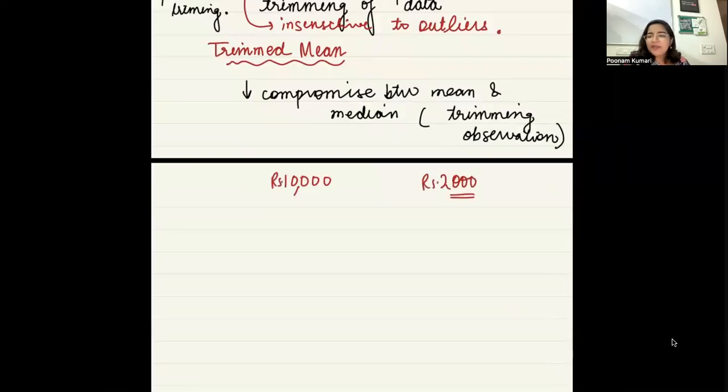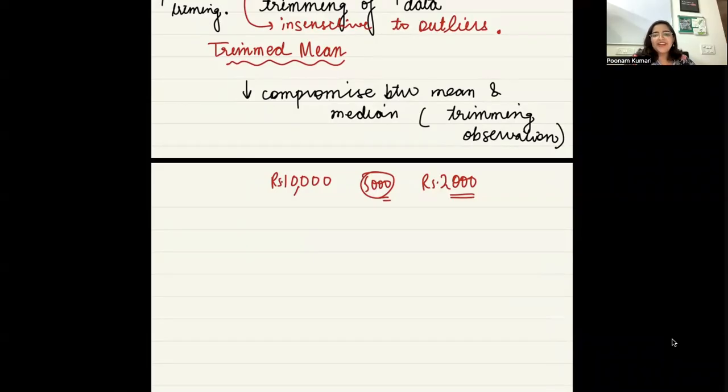You say, okay, neither yours nor mine, let's buy something worth 5,000. Like you do it a lot with the shopkeepers, na? They quote a higher price, you quote a very low price, and then you're in the middle. So that is a middle ground, a compromise between these two. That is the meaning of the term middle ground.